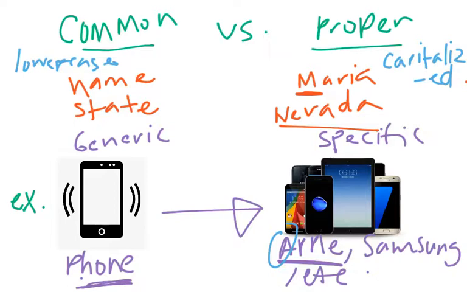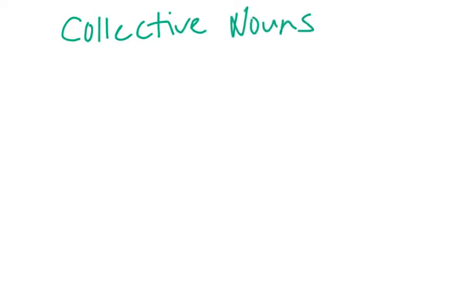Now let's move on to one more aspect of nouns. This is called collective nouns. So now you might be wondering, what are collective nouns? Well, I'm here to tell you. Collective nouns refer to an entire group or unit.